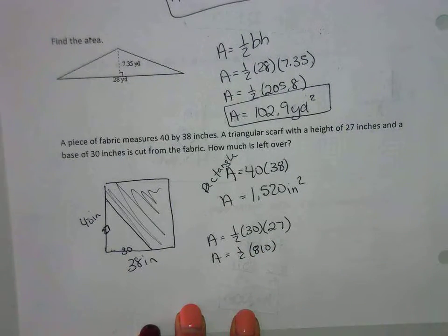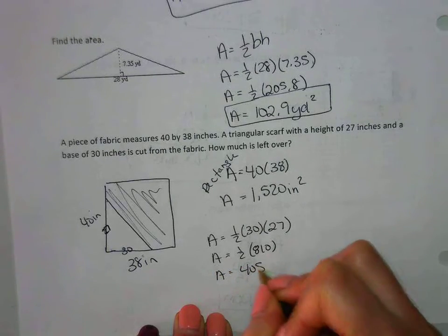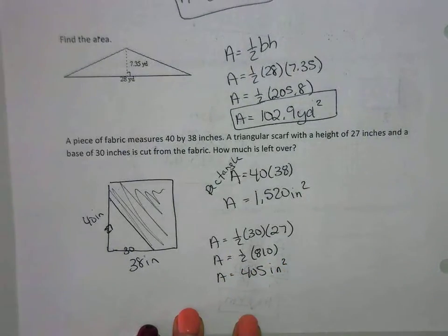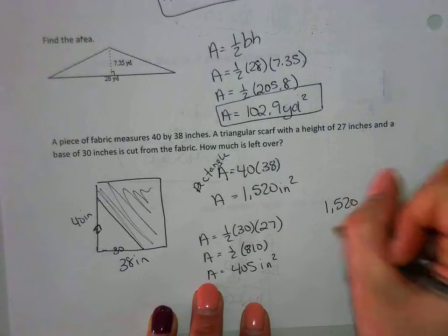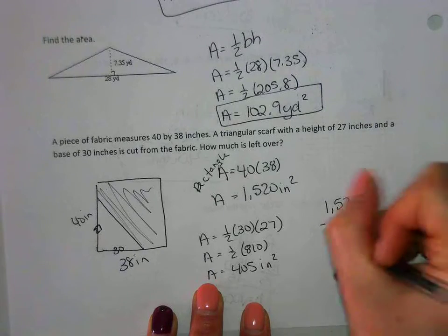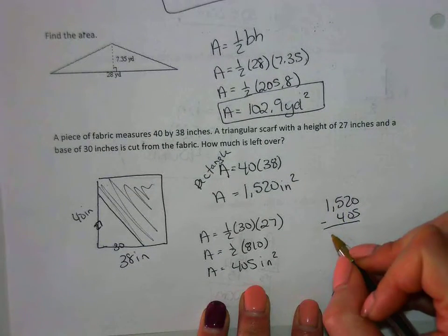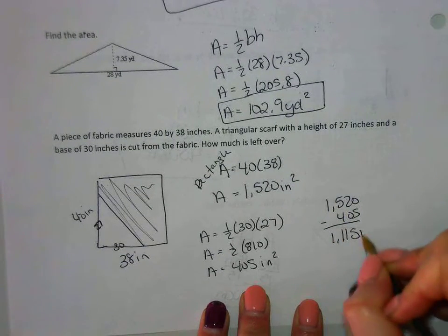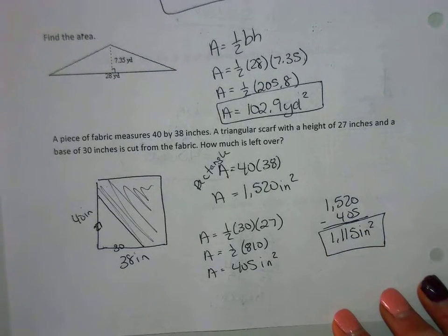If we multiply that by half, the area equals 405 inches squared. So to find the area of what's left over, let's take the 1,520 and subtract 405. So 1,520 minus 405 means we have 1,115 inches squared left over after we cut out our triangle scarf.